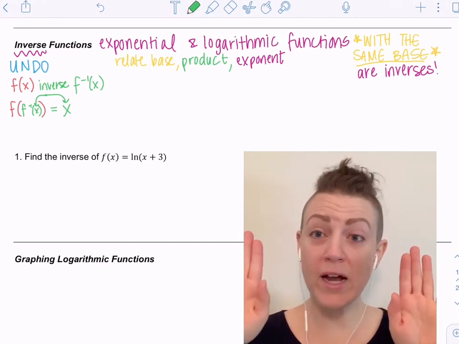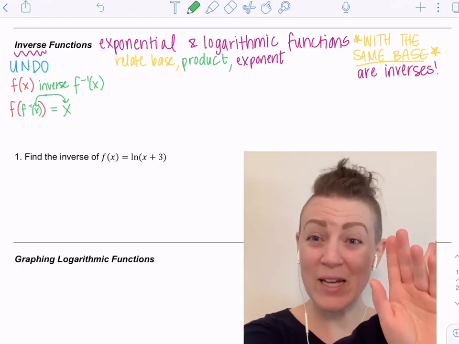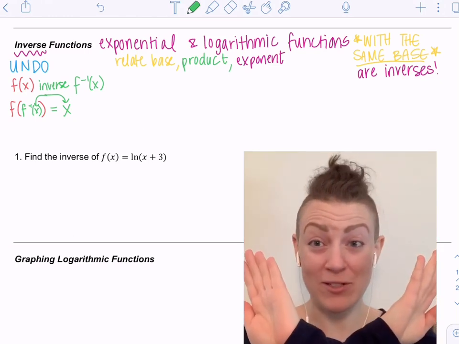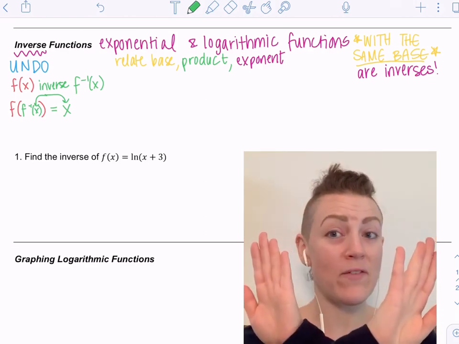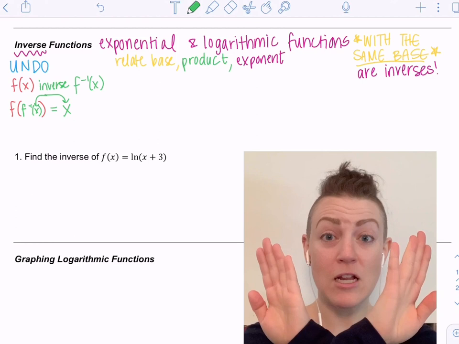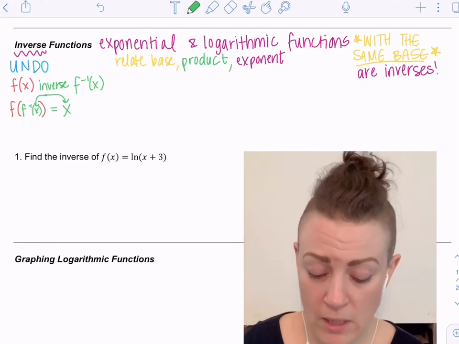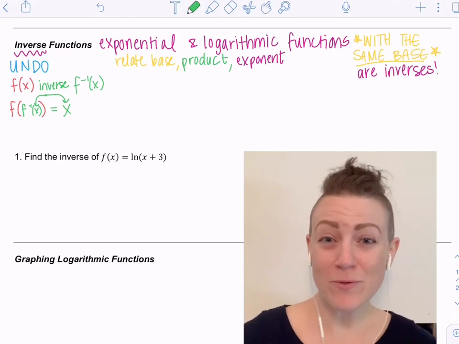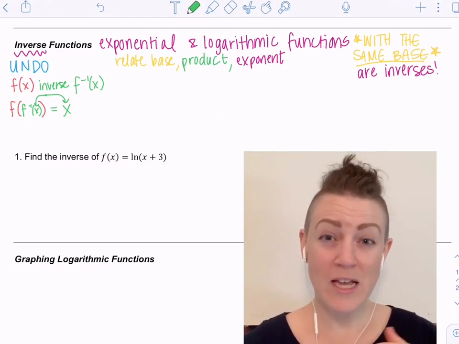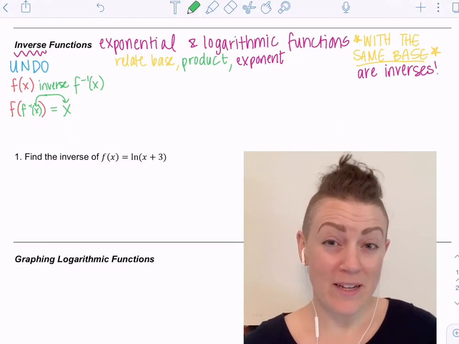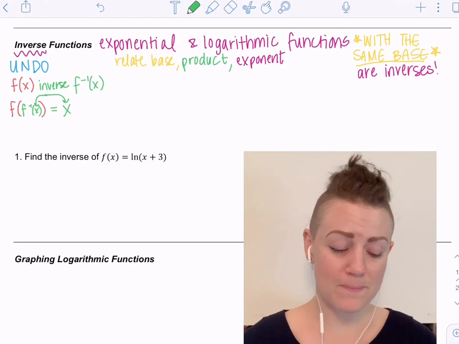Along with your x's come your domain, and along with your y's come your set of all outputs in the range. So inverse functions have swapped x and y values, and along with that, their domains and ranges have swapped. That's just a little refresher, but we're going to now apply it to our topic of chapter 7, these newer functions, exponential and logarithmic functions.